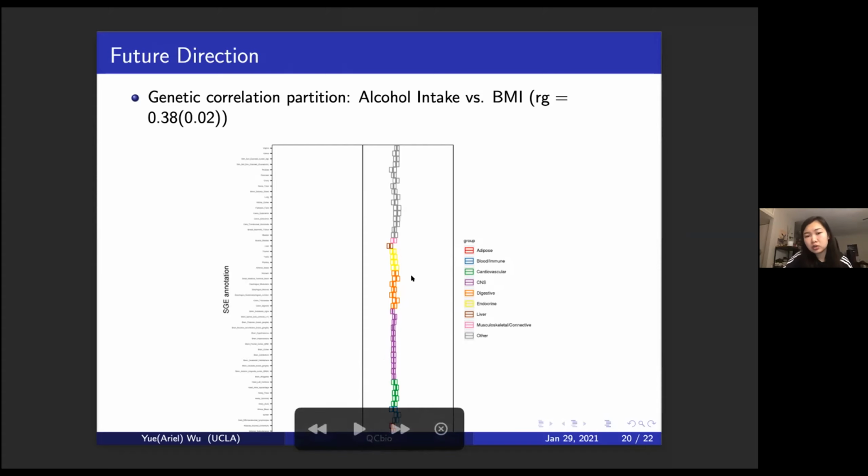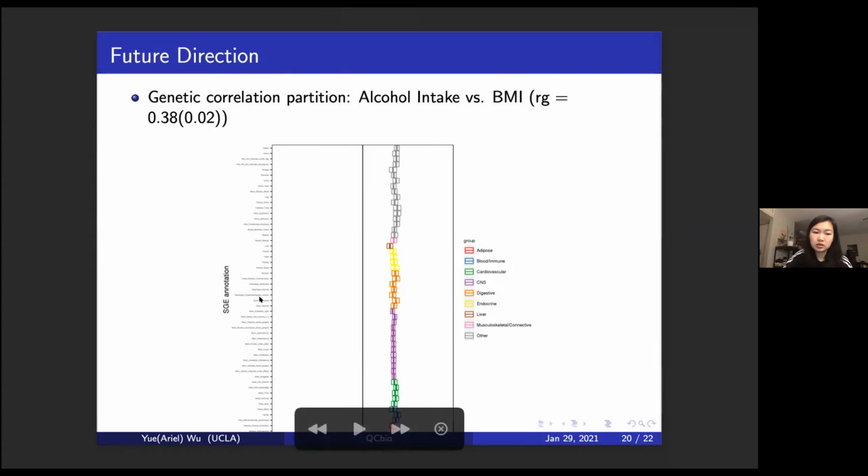So for example, we show an example where this is the genetic correlation between alcohol intake and BMI. So we have measured the genome-wide genetic correlation as being 0.38. And then we further partition the genome into different groups.